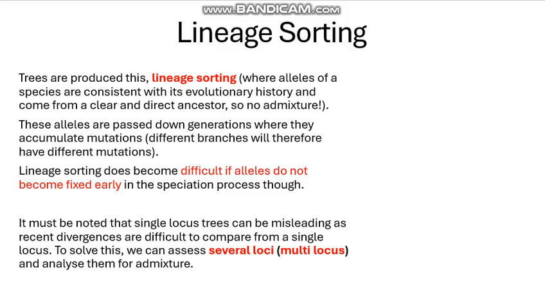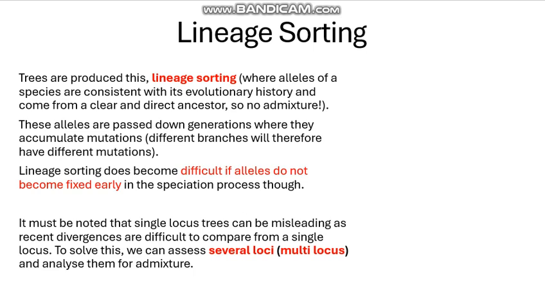With regards to lineage sorting, trees are produced through lineage sorting, where alleles of a species are consistent with its evolutionary history and come from a clear and direct ancestor. So when no admixture occurs, we're able to produce a pretty accurate species tree that reflects the gene tree.